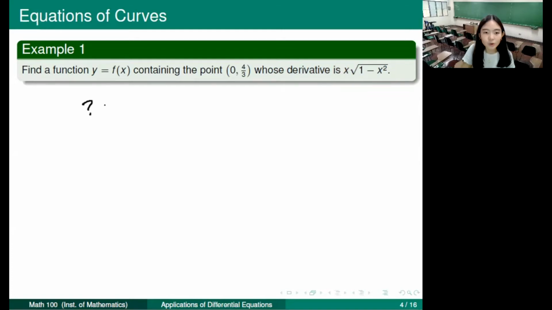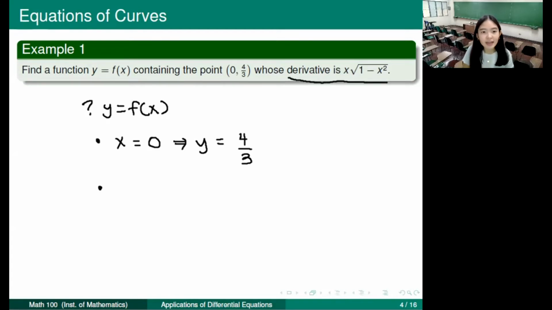Hinihingi sa atin y equals f of x satisfying two things. Una, pinapass through niya yung point (0, 4/3). That is, kapag ang x natin ay 0, we want that our function satisfies na ang y niya ay 4/3. That's one. And the second one is, we want that its derivative is this.